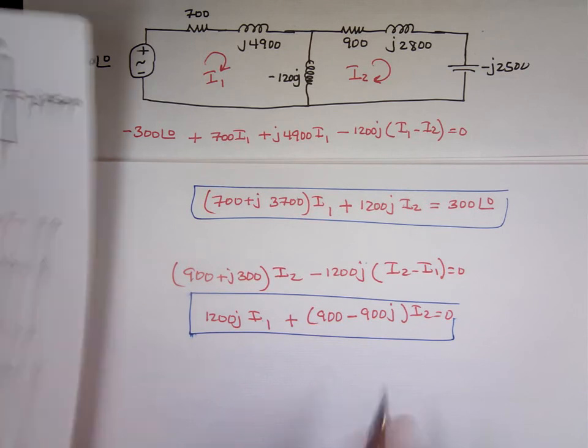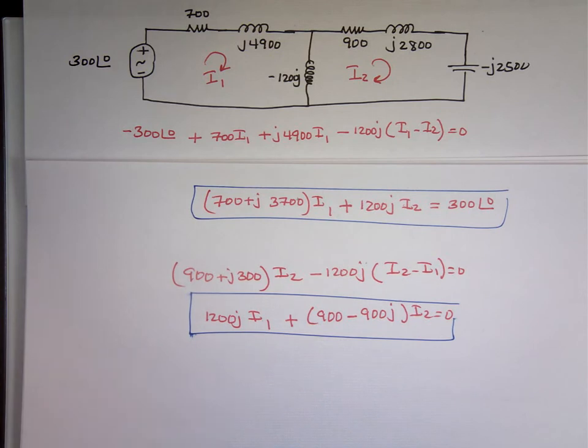Let's see what the value is. I think it just flips the angle. Well, it shouldn't. It should give you the same one, but let's see. Simultaneous equations. So the first one I have 700 plus j 3700.